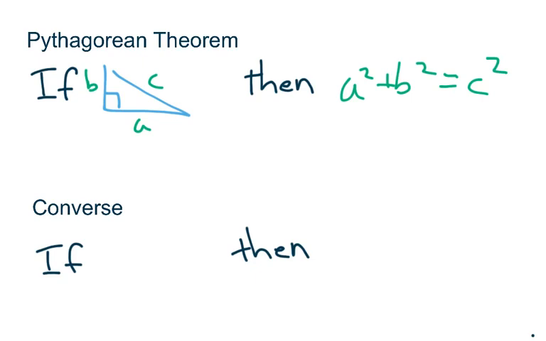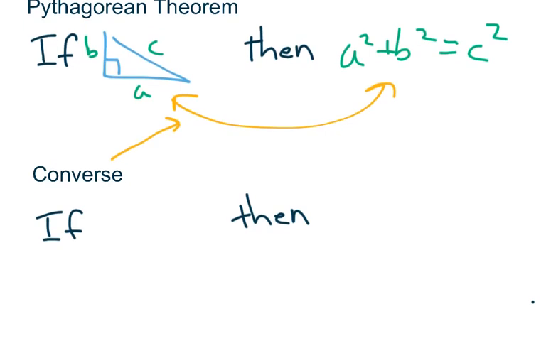Converse is where we're going to take these statements and flip them around. And so the idea behind the converse is that if a squared plus b squared equals c squared, then we have a right triangle. Okay?